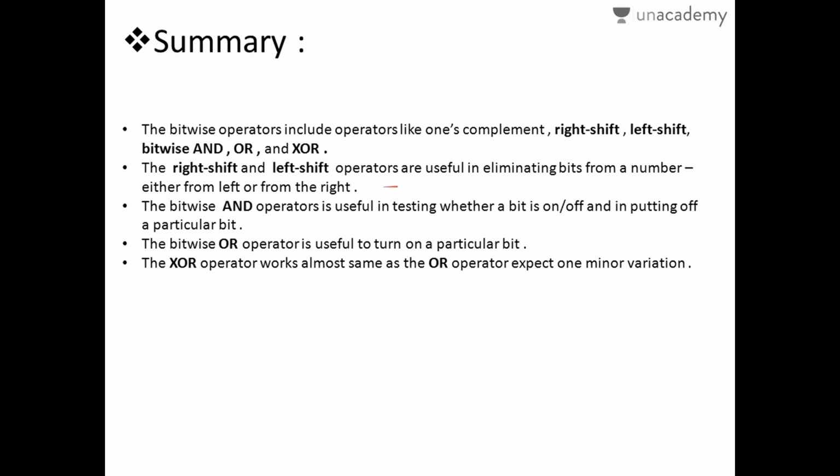OR is used to turn on a particular bit. For example, if you want a particular bit to be operated, you'll be using the OR operator. XOR is used almost the same as OR, but in the complete opposite way, and the resultant of AND, OR and XOR will be quite different.